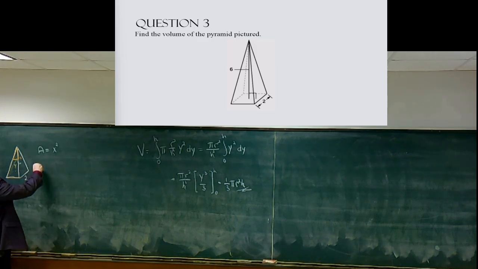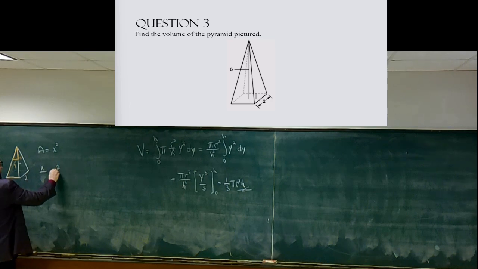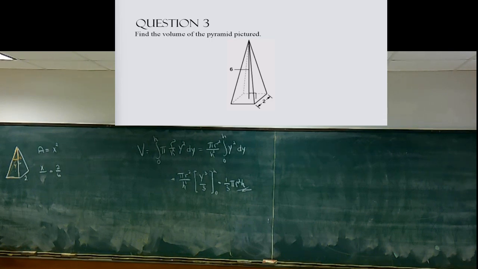Once again, by similar triangles, x to y equals what? 2 to 6, base to height, except that should not be y, because the height I'm looking at is this height here.